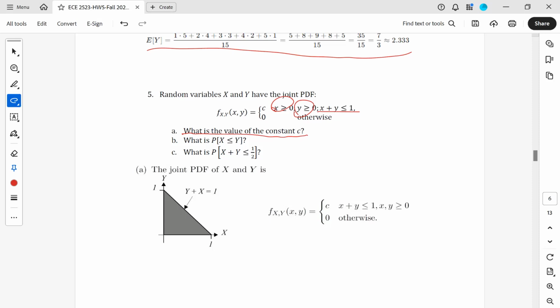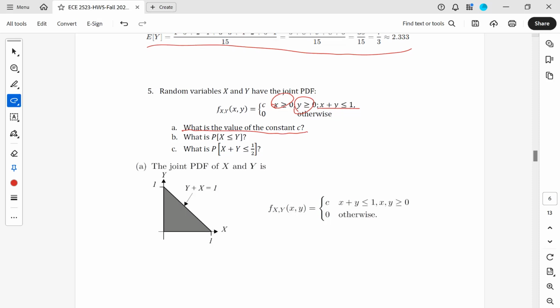That means we double integrate, since we have two random variables, x and y. If you integrate over x and y for all the possible outcomes, the value of the result should be equal to 1.